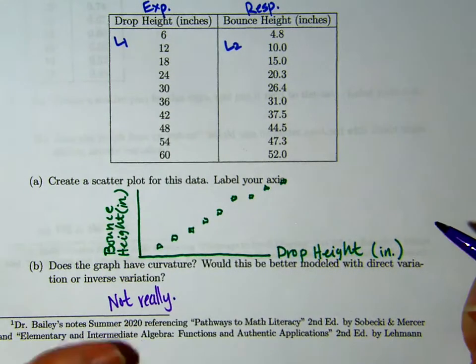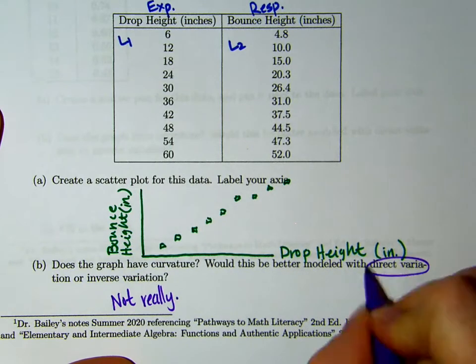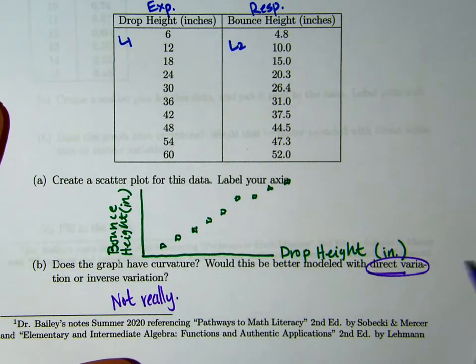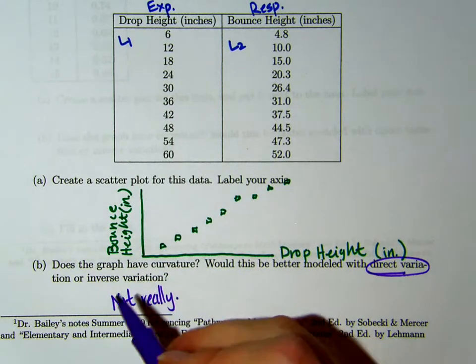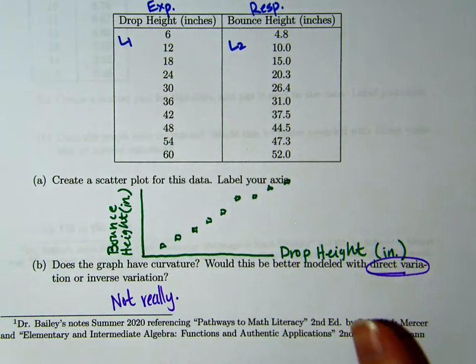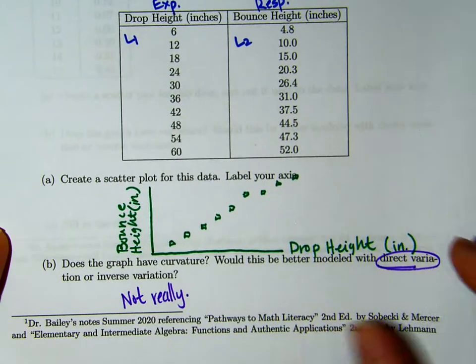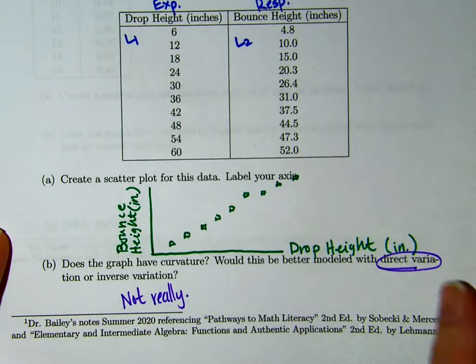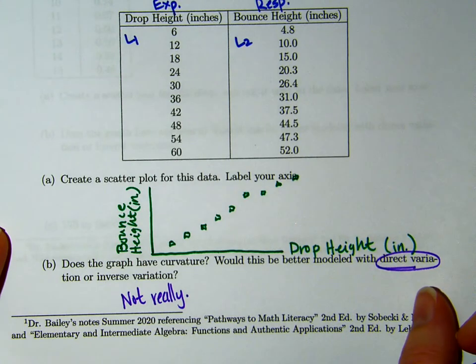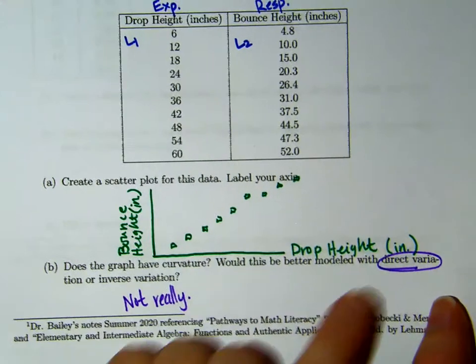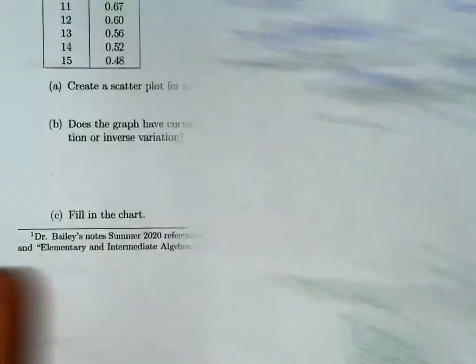It's pretty linear. So I feel like it should be direct variation because it looks very linear. It doesn't look exponential, doesn't look quadratic, and it certainly doesn't look like our new thing, which is inverse variation. So I'm thinking directly linear.